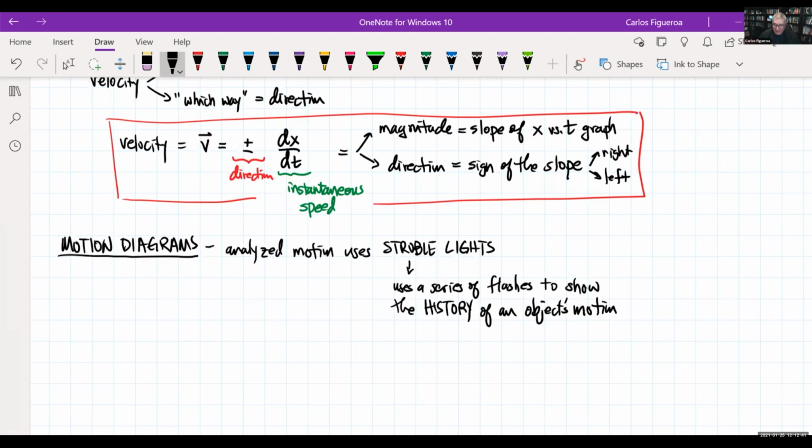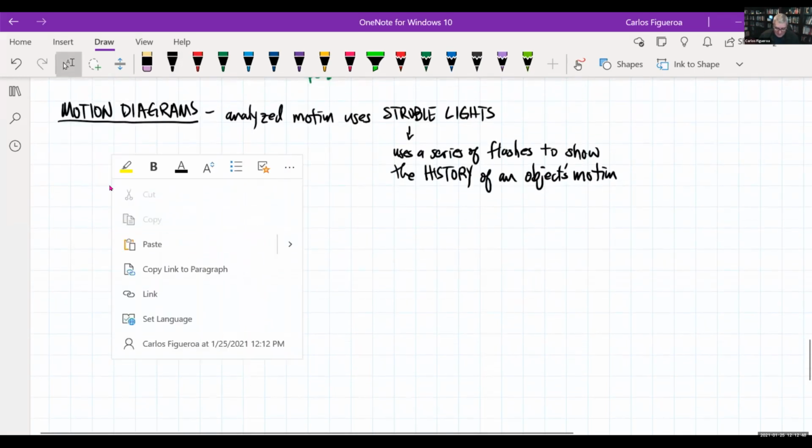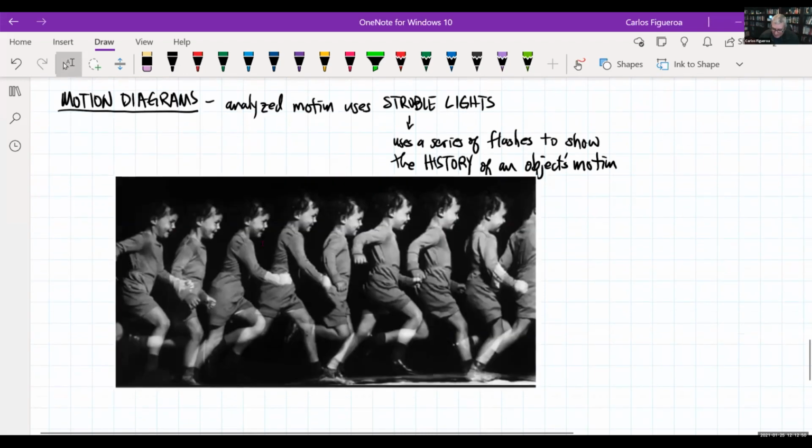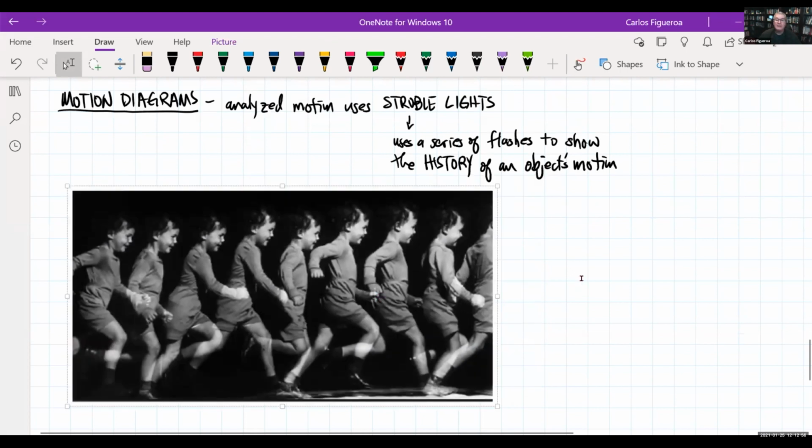And what I mean by that is, look at this image that I got off the web. If I paste this, you could see that I have this image of a boy running from left to right.